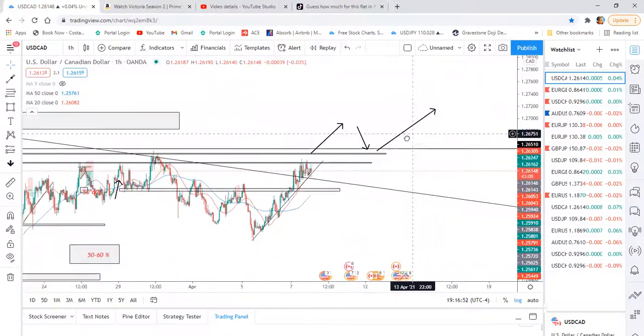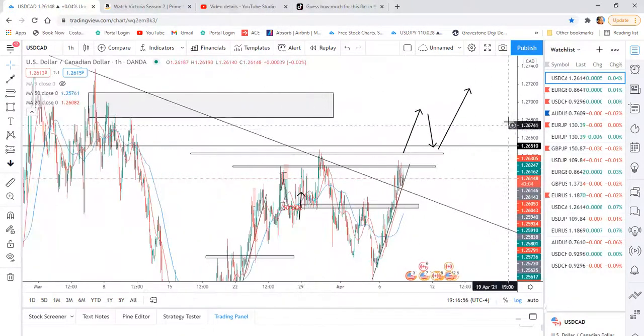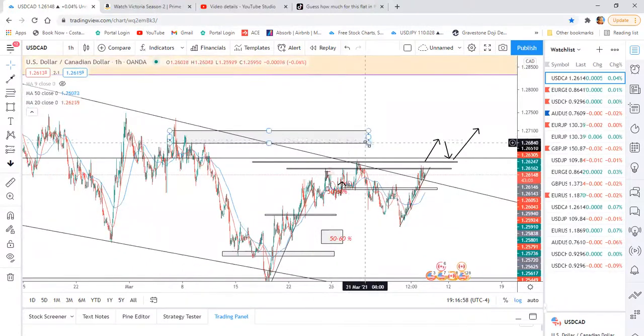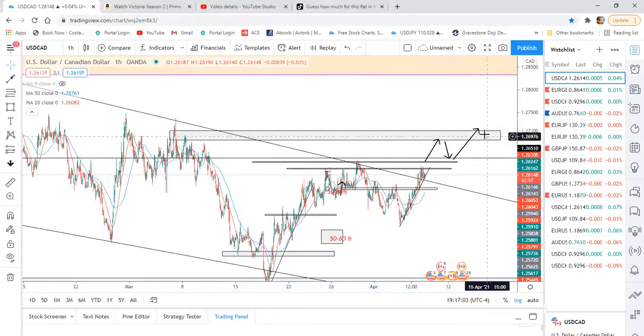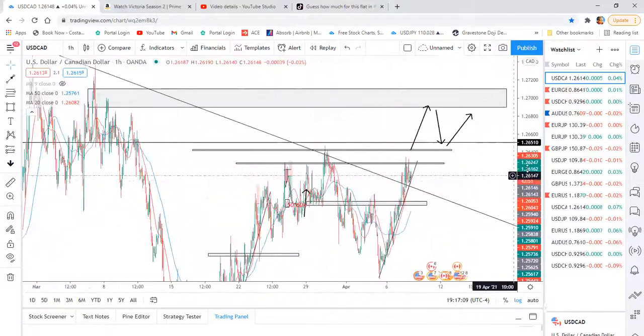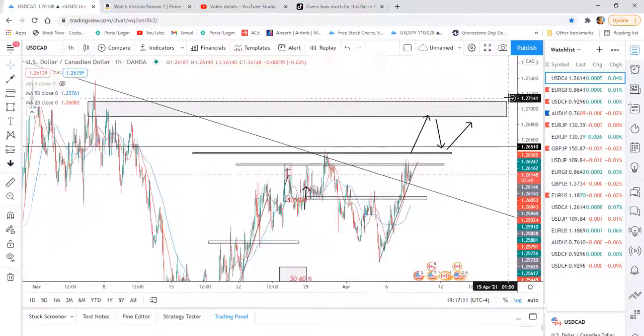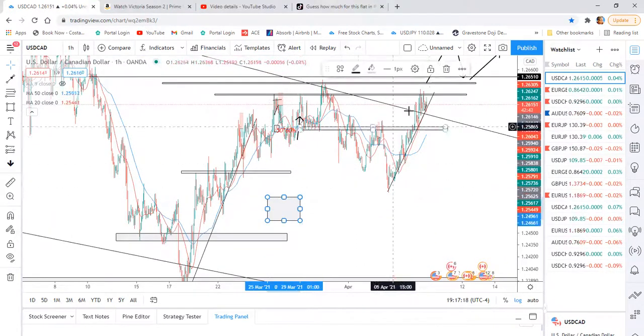So it's a better opportunity for a longer trade in this area. So that's what I'm waiting to do for this pair. I'll be marking everything up.